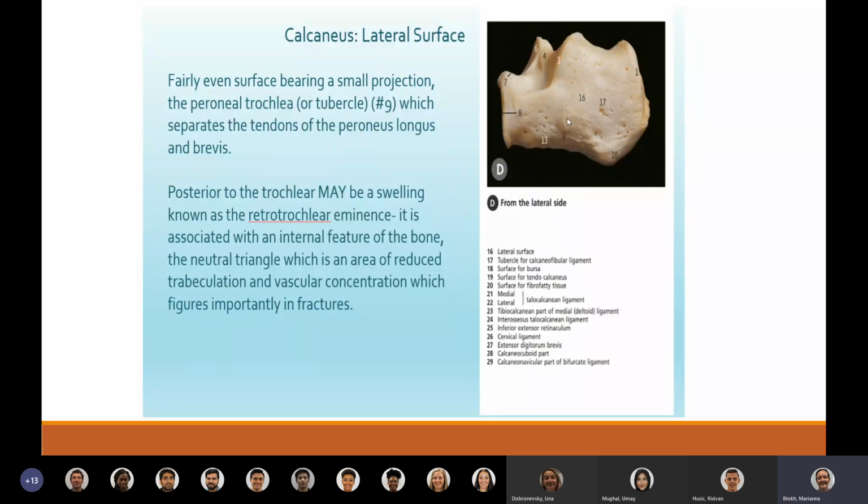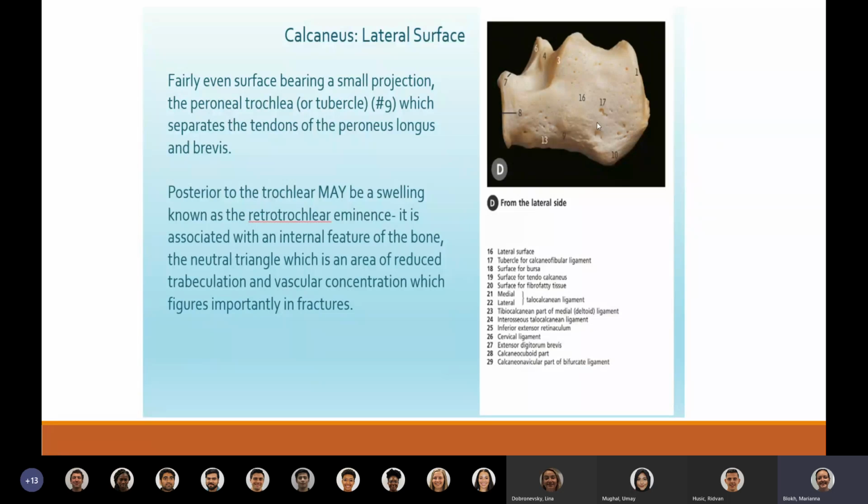The other thing they may talk about is that right behind the trochlear tubercle, there may be another eminence, evident in some bones and not in others. It's called the retrotrochlear eminence.